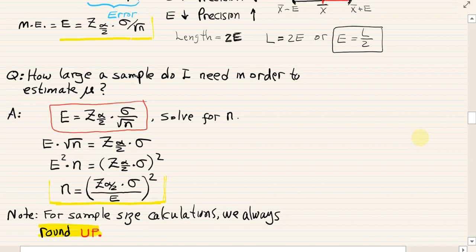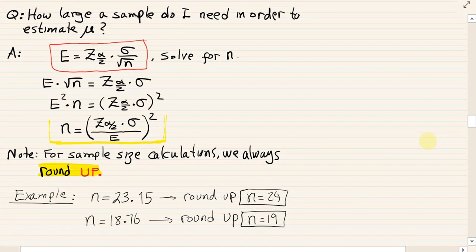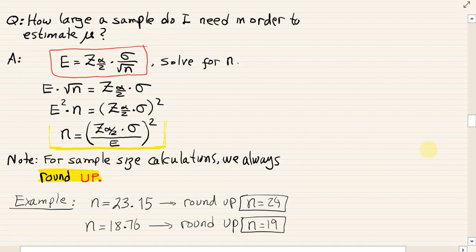Now, for sample size calculations, if we do it by hand, we always round up. But again, we use Megastat, so you need not worry about it. Here's an example of rounding. Let's say n is 23.15. We're going to round it up to 24. Notice we do not follow the usual rounding convention. In ordinary math classes, 23.15 is rounded to the nearest whole number, 23, right? Because 0.15 is closer to 23 than it is to 24.